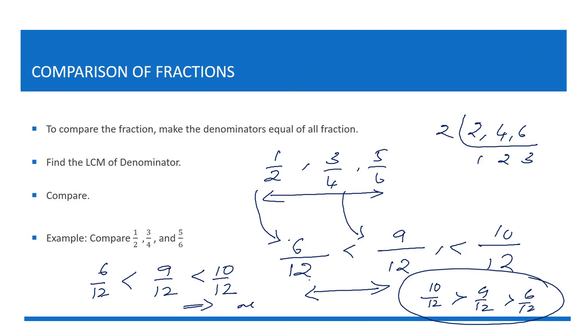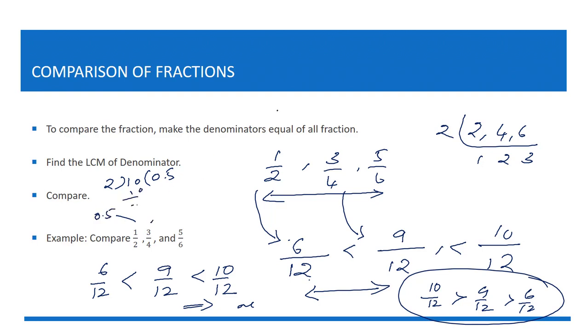Or otherwise directly you can divide and check also. How can we divide? Let us check. 1 by 2, 1 divided by 2: I can't divide 1 by 2, so at 0. I'll place 5 tens. This is going to be 0.5, correct.